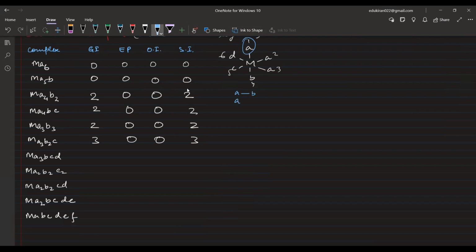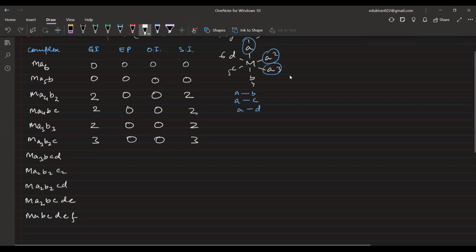Then what about this A, the second A? It is 180 degree to C. And this ligand A is 180 degree to D. Correct.